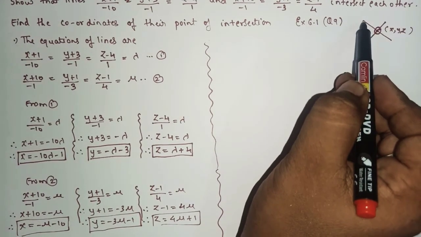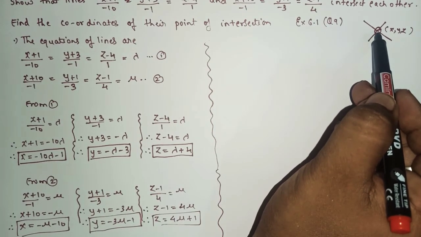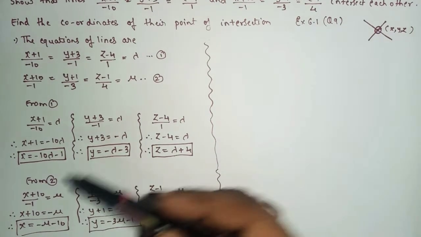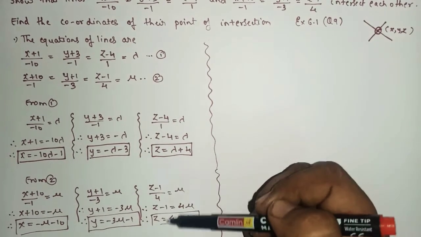Suppose this is the first Cartesian equation and this is the second. If you want to find the point of intersection, they will have the same x coordinate, the same y coordinate and the same z coordinate.